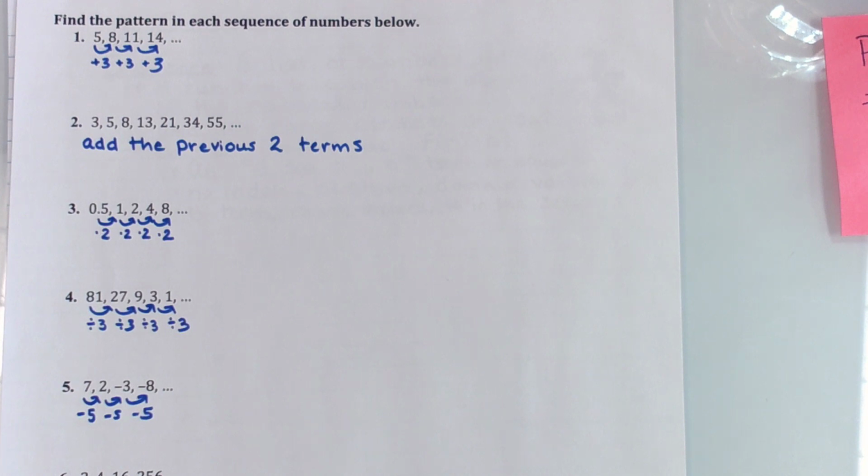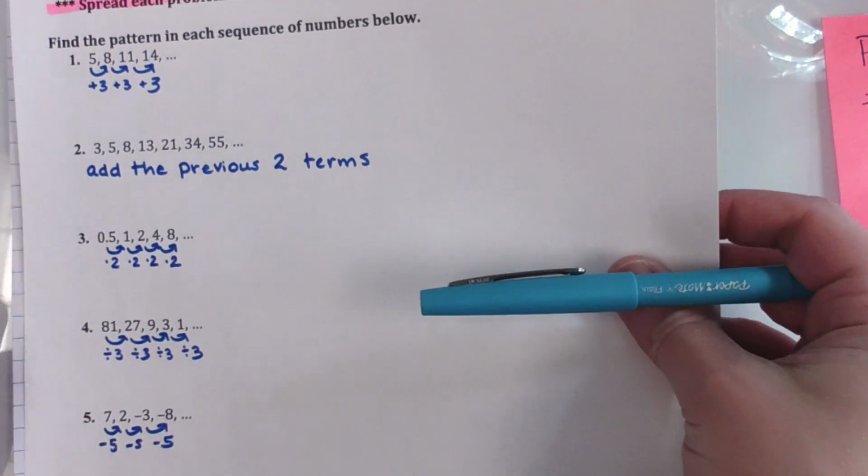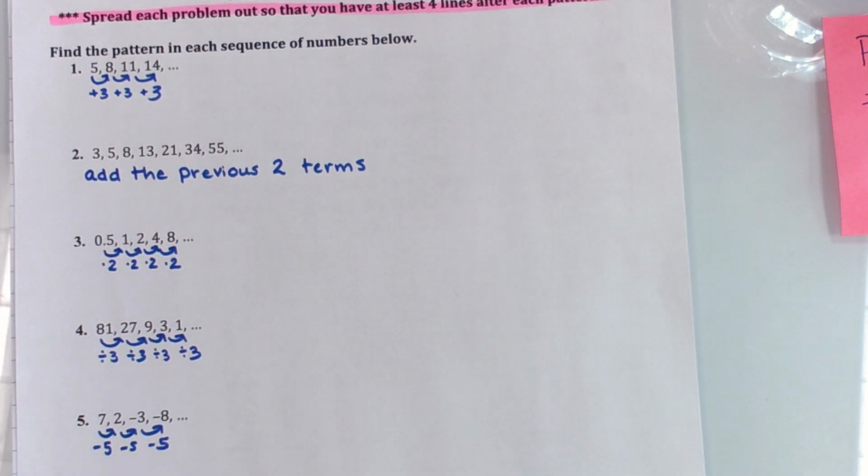That's not the only thing we have to do, because when it comes to these patterns, this first one, I know it's adding 3 every single time. But could I come to you and say, oh, the pattern is adding 3 every single time, and without giving you any other information, could you write out the entire list? Or any of the list? No. What are you missing? Where to start. The starting term in this notation, it's in the first position.